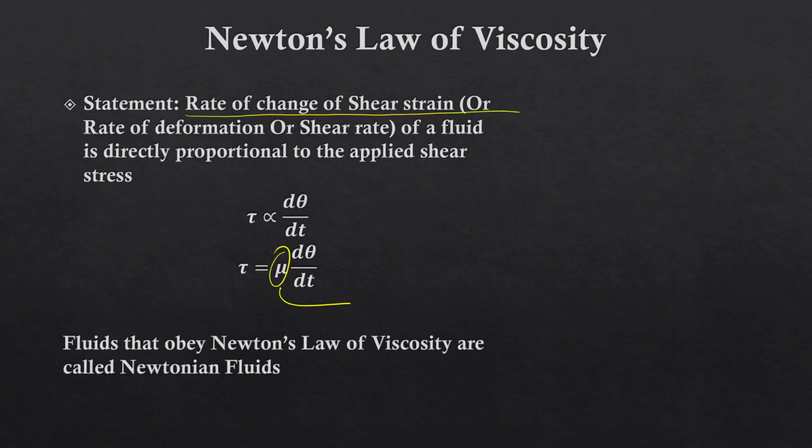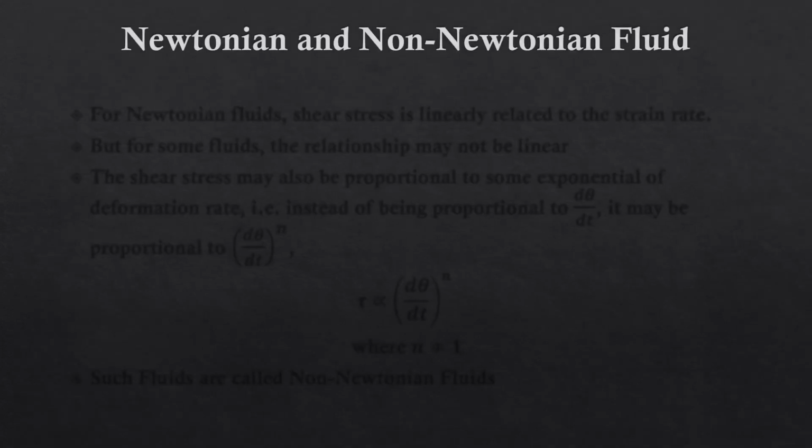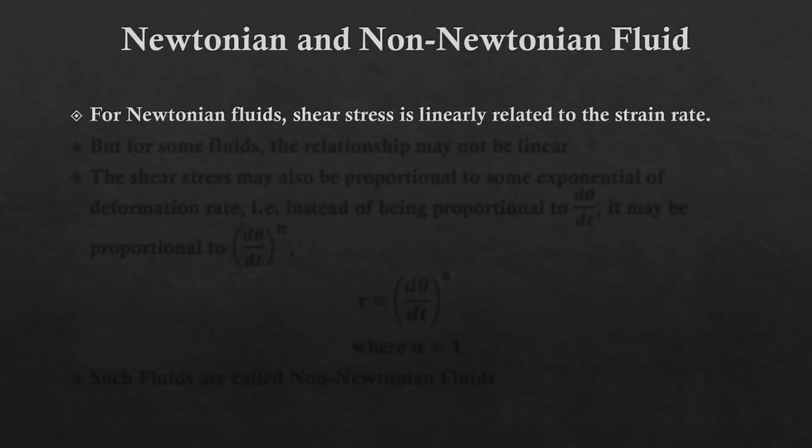When we classify something as a Newtonian fluid, that means there are some fluids which will not obey this law, and those fluids are called non-Newtonian fluids. We'll learn how they behave. For Newtonian fluids, shear stress is linearly related to the shear strain rate.